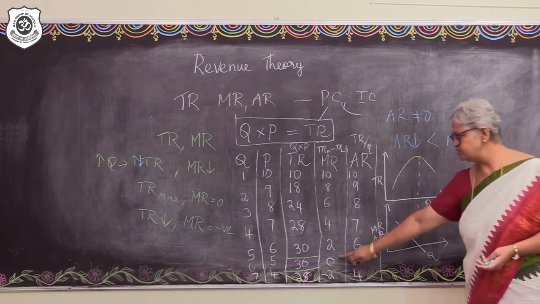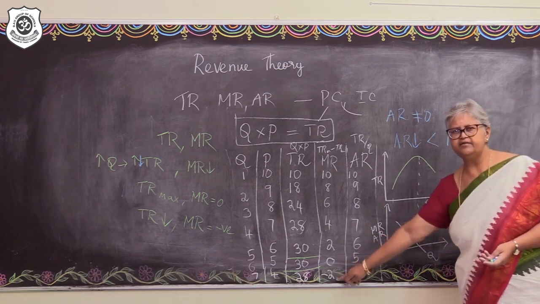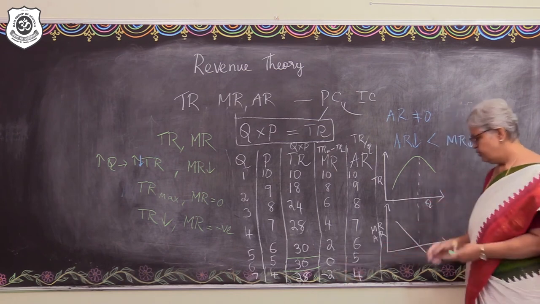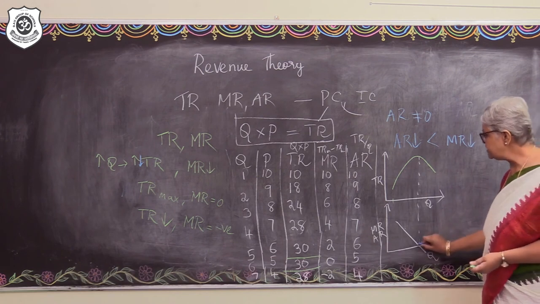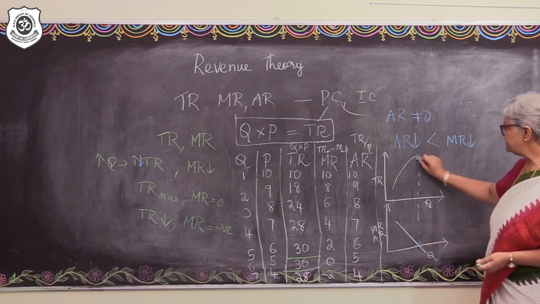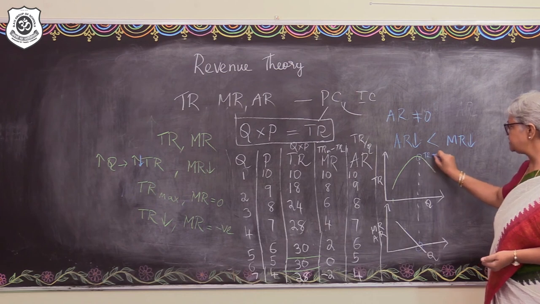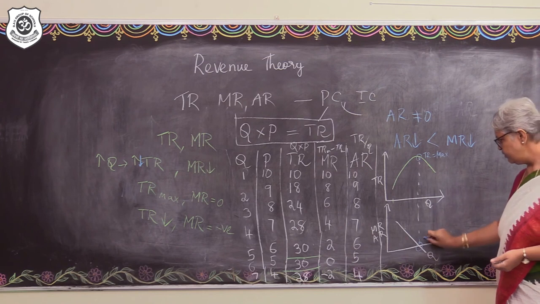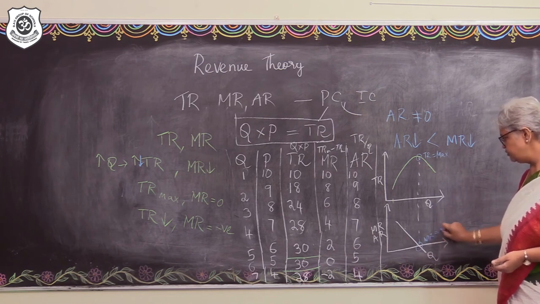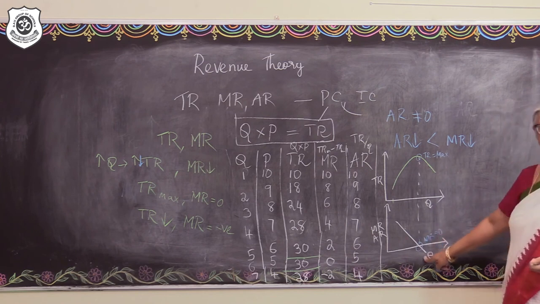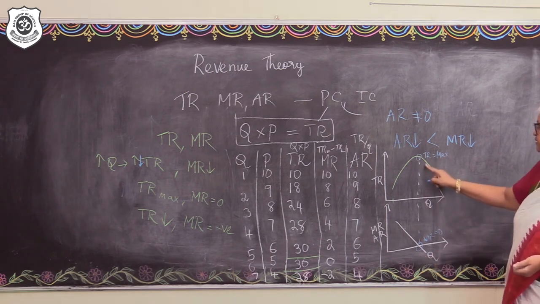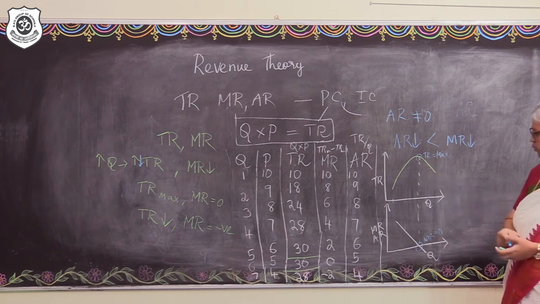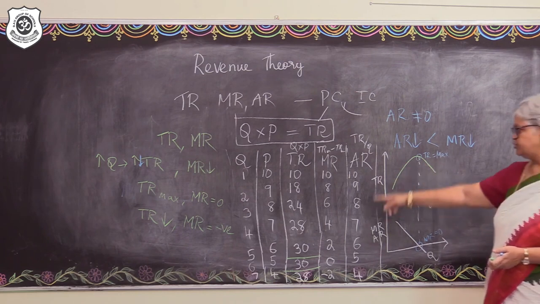MR falls, becomes 0 and moves on to the negative quadrant. And mark this, when MR is 0, we understand that the total revenue is maximum. Total revenue is maximum when the MR is equal to 0. And then when MR becomes negative, that is when the total revenue shows a fall.